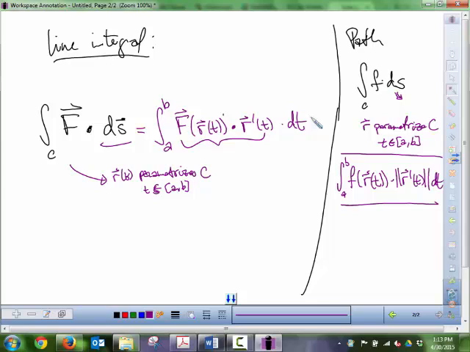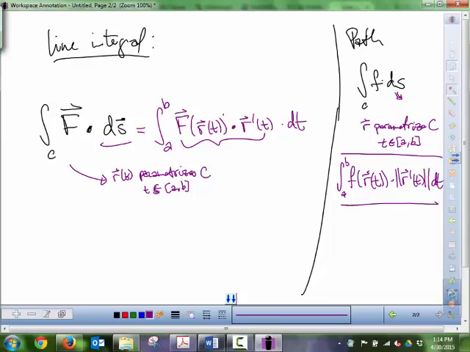If you have a special vector field. Did you hear Caesar's question? He asked, is there any way to evaluate this integral without having to do this dot product business and just dealing with the limits? And the answer is, if you have a special kind of vector field.